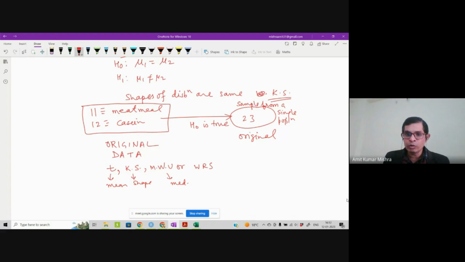They are coming from different populations if H naught is not true. But if we assume that H naught is true, all these 23 data points are coming from a single population.